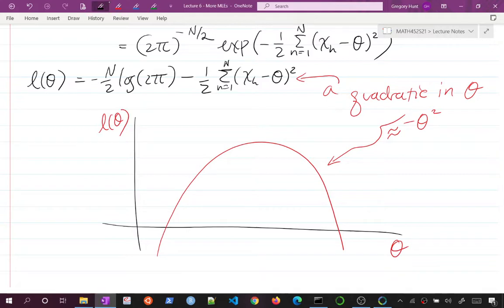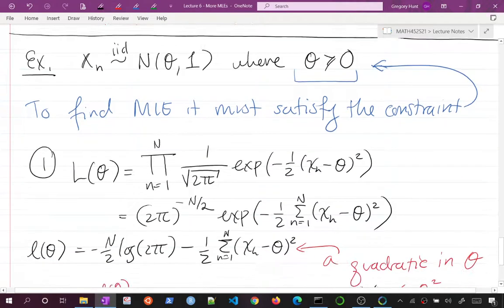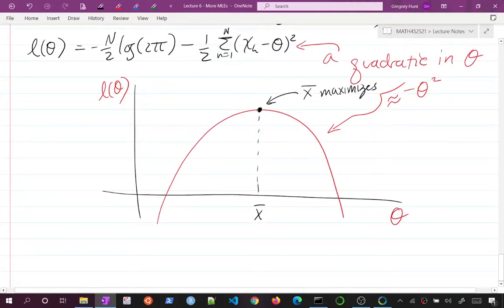And this should be familiar from the last time when we solved this problem, where we had seen that, unrestricted, so we haven't built in our constraint yet, this was maximized at x bar, right? And that is how we showed in our previous problem that if we have data that's normally distributed, the MLE for the mean is x bar, which is cool.